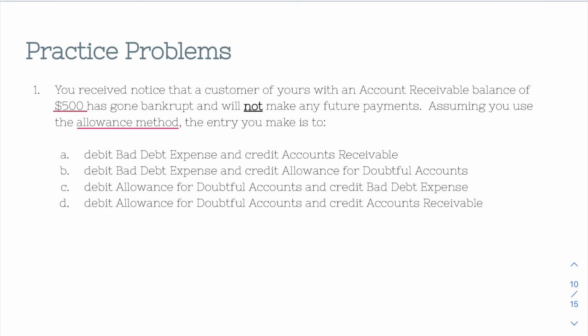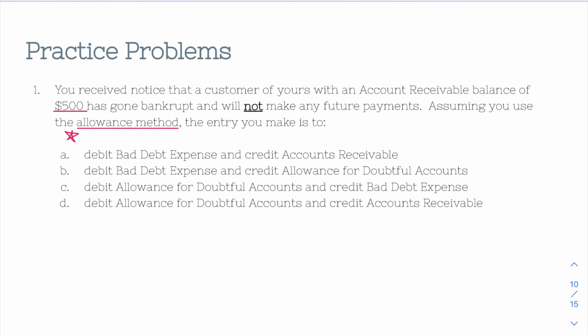But we're using the allowance method, and then it tells us that the customer has been identified. We know he went bankrupt and he's not going to make any more future payments. So what entry do we make? Well, in this case, we're doing the actual writing off of an account under the allowance method, and that is going to look like this.